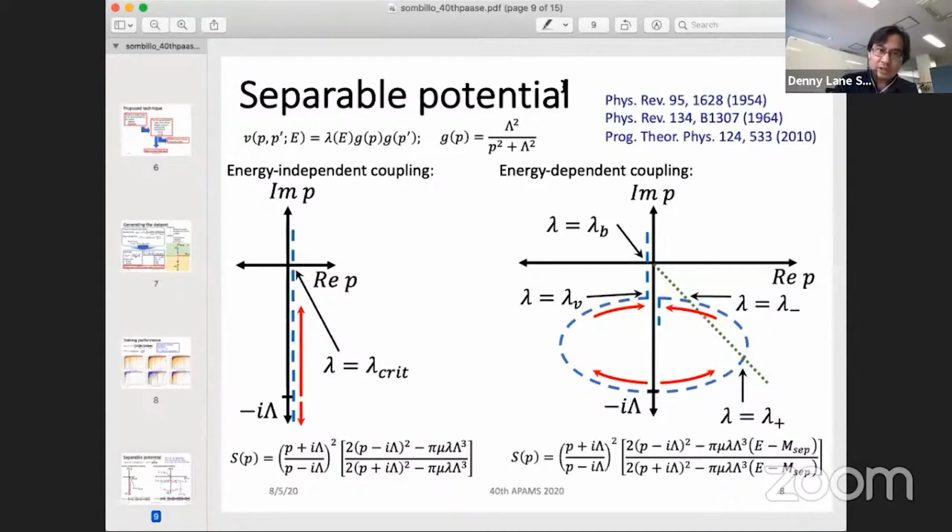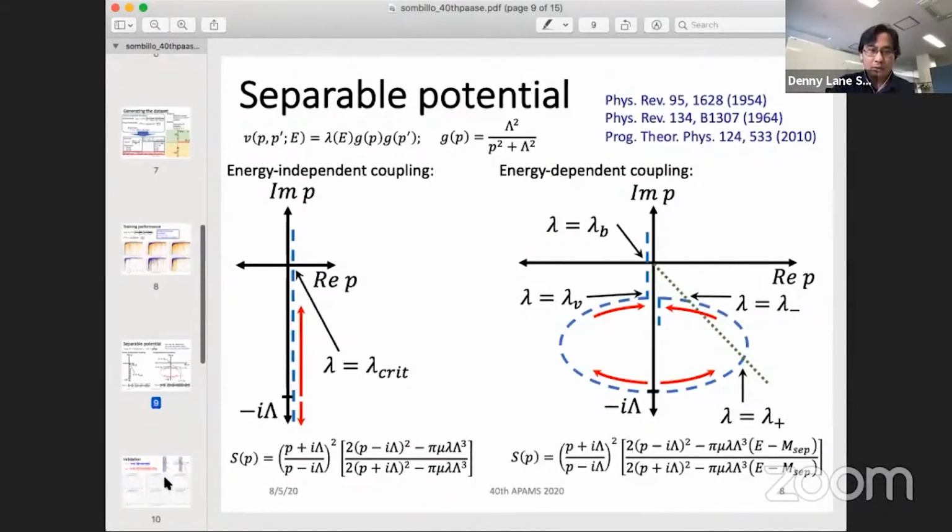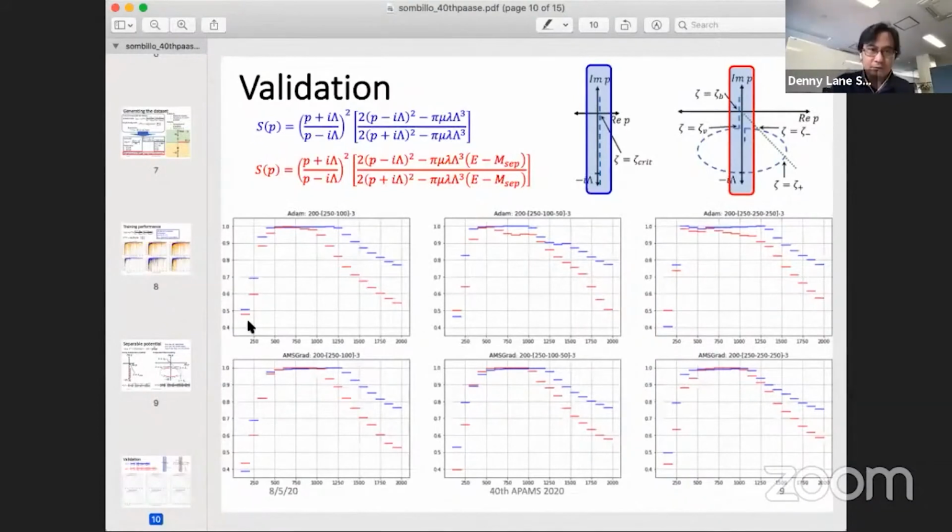Using this separable potential, I produced 100,000 validation points to feed to my neural network and verify if it can correctly predict the nature of the pole. The important parameter here is lambda, the cutoff parameter, which we will vary in the testing scheme. This is the result for the 6 different models that I have used.